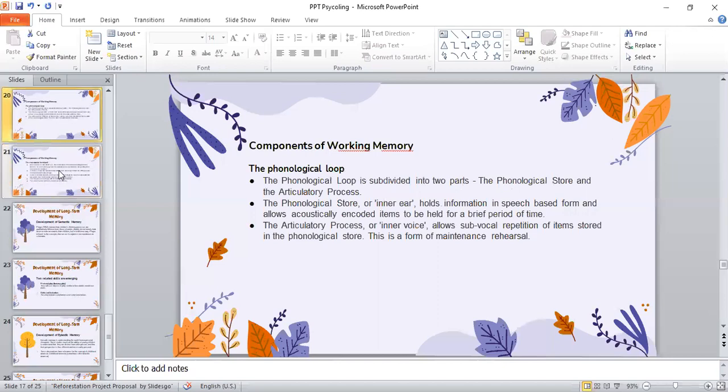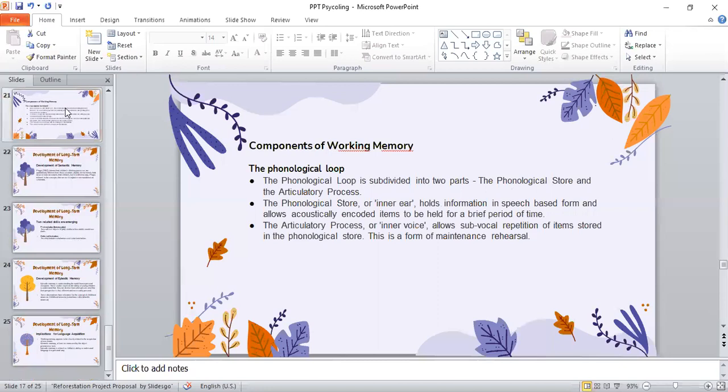Next, the phonological loop. The phonological loop is subdivided into two parts: first, the phonological store, and second, the articulatory process. The phonological store, or inner ear, holds information in speech-based form and allows acoustically encoded items to be held for a brief period of time.